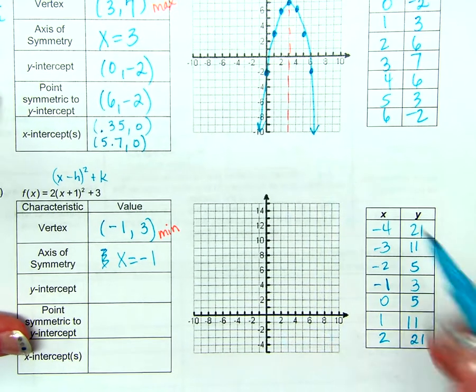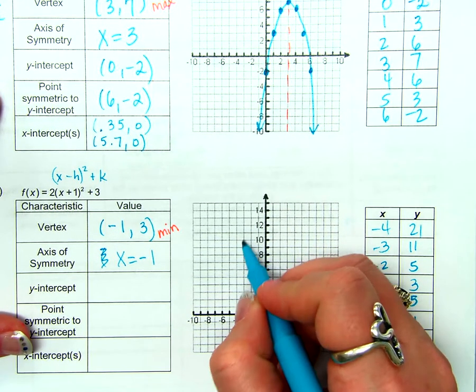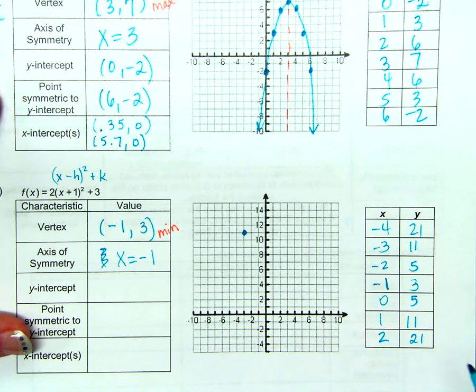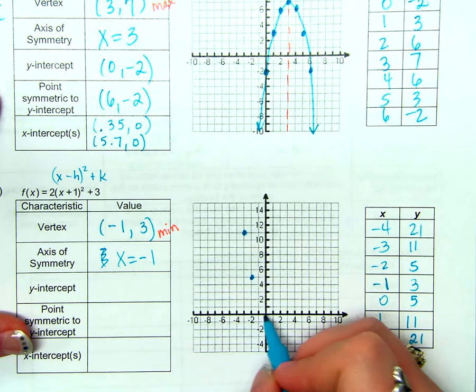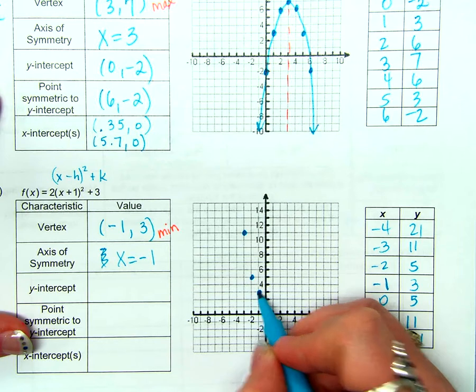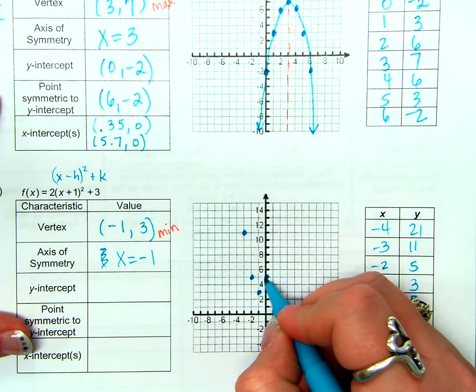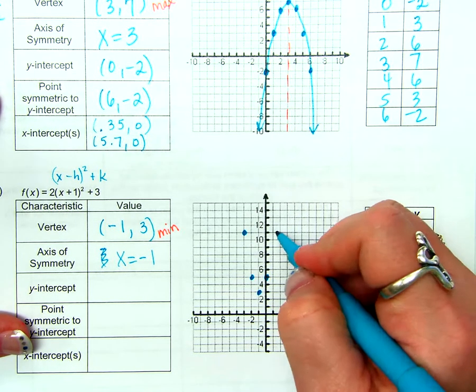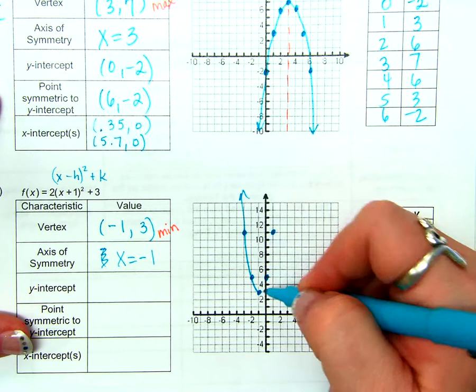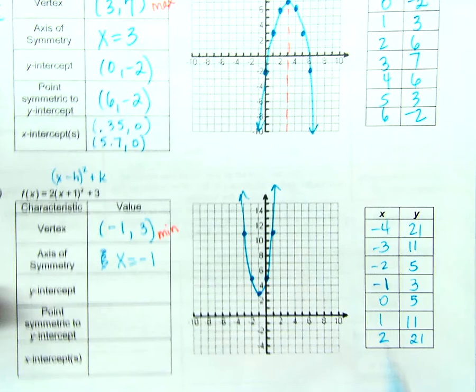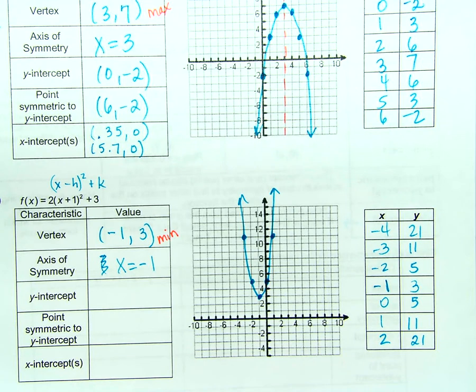I can't graph that one, it's too far off. Negative 11, positive 11, negative 2, positive 5, negative 1, positive 3, 0, 5, 1, 11. You with me? Pausing.